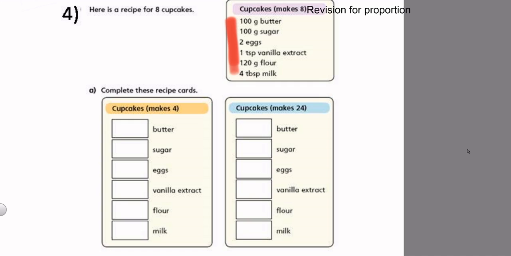If you look at question A, I want to make 4 cupcakes based on those ingredients. To make 8 cupcakes, you need 100 grams of butter, 100 grams of sugar, 2 eggs, and so on. But here, I want to make half the amount. So here we've got 8, these ingredients make 8 cupcakes, but I want to make 4.